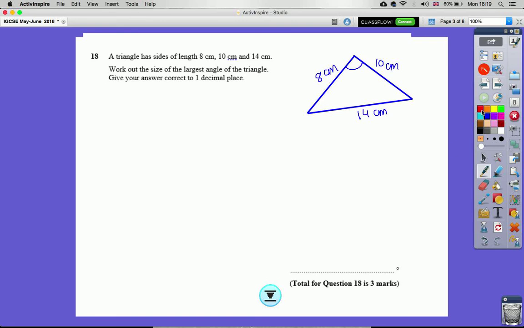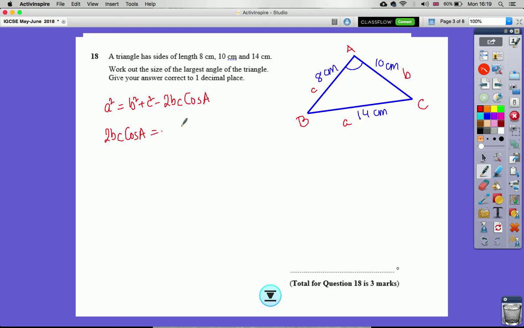Let's label the 3 sides and 3 angles of the triangle. So this is capital A, this is capital B, this is capital C, that's small b, small c and small a. So I can say that a squared is equal to b squared plus c squared minus 2bc cos of A using the cosine rule. What I'm going to do now is I need to find the angle. So I'm going to rearrange the formula. 2bc cos A is b squared plus c squared minus a squared.